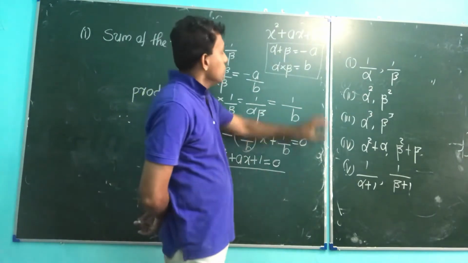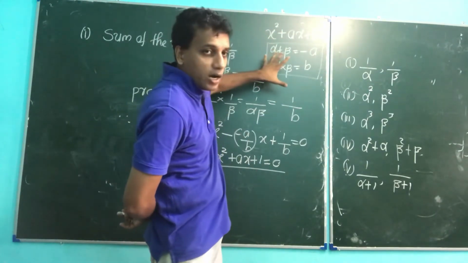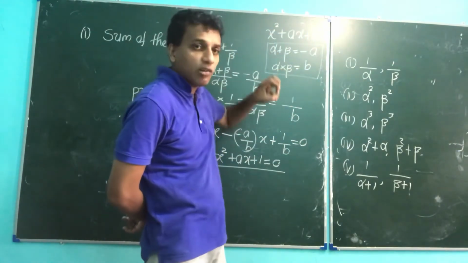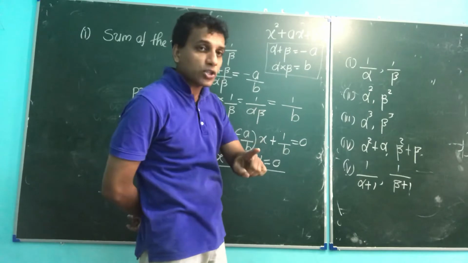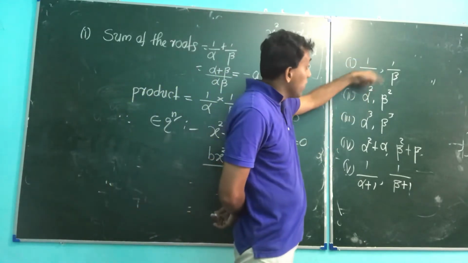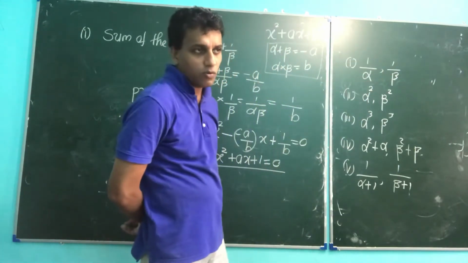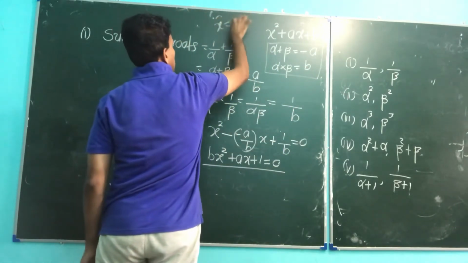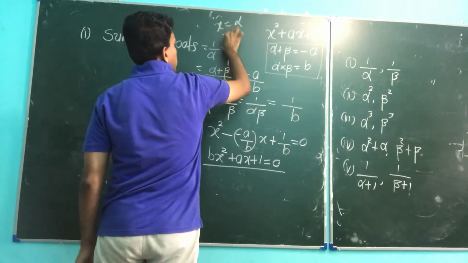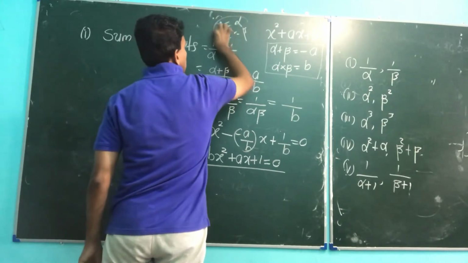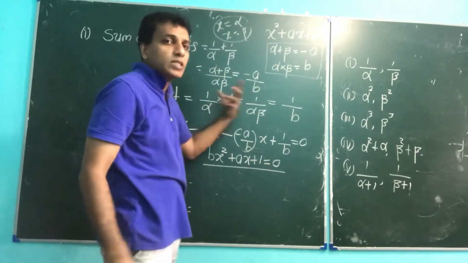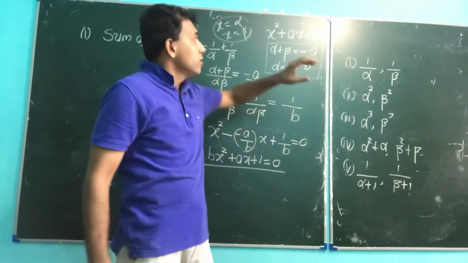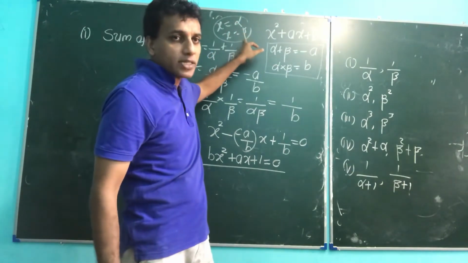Okay, see that this equation's roots are alpha and beta. Now what is the question? First part, 1 over alpha, 1 over beta. So here what are the answers? X is alpha and x is beta, two answers. Now what do they ask? For example, the answers are 5, 7.